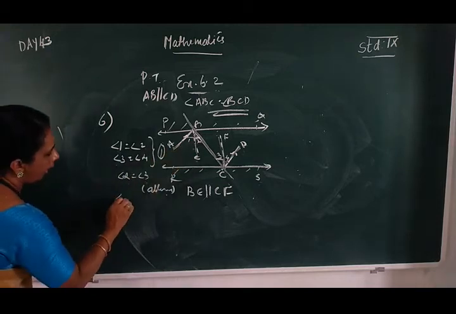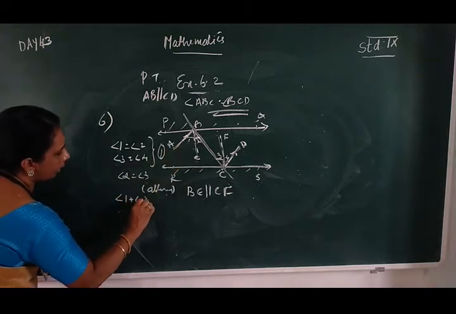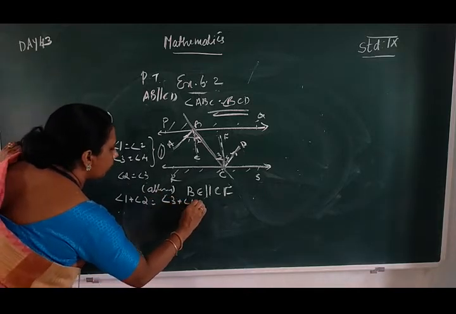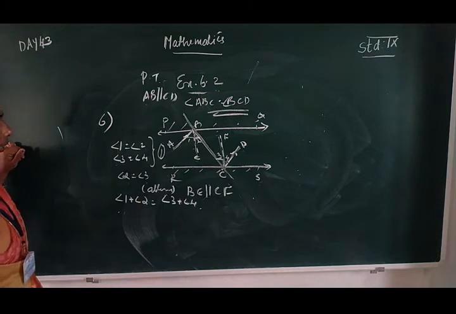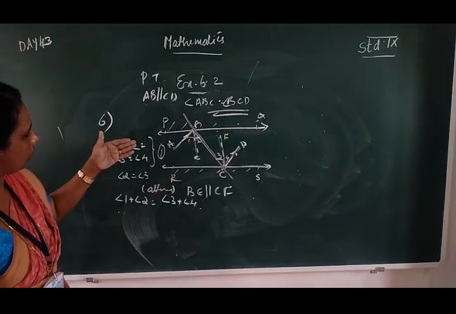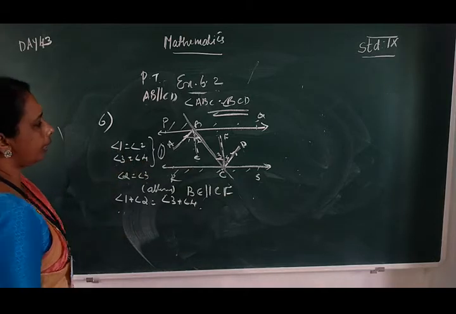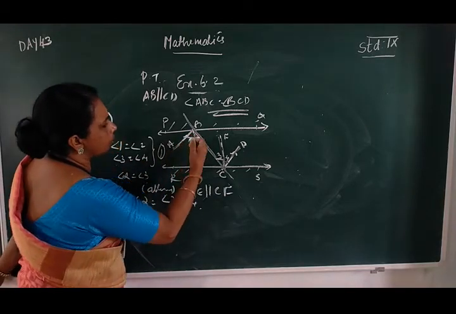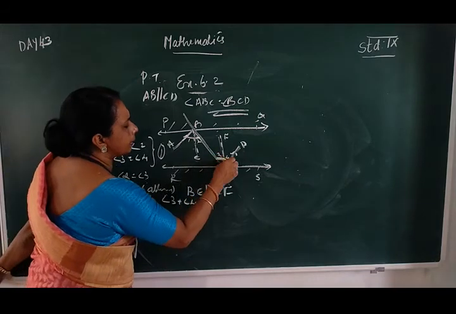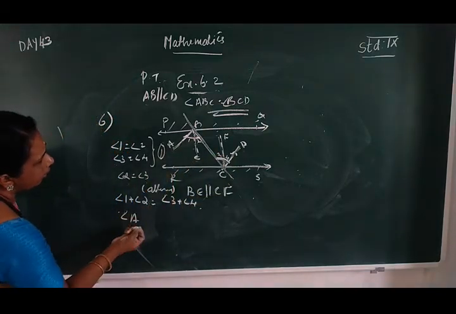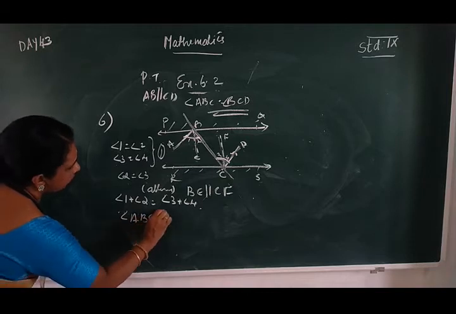So we can write angle 1 plus angle 2 is equal to angle 3 plus angle 4. Why? Because angle 1 is equal to angle 2 and angle 3 is equal to angle 4. What is angle 1 plus angle 2? That is angle ABC.